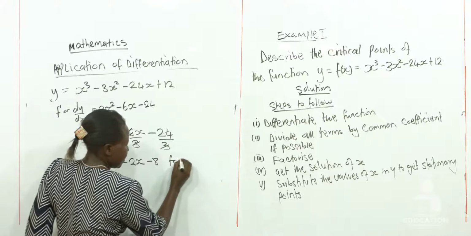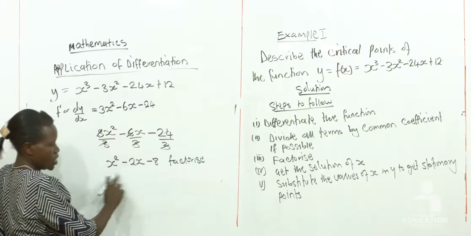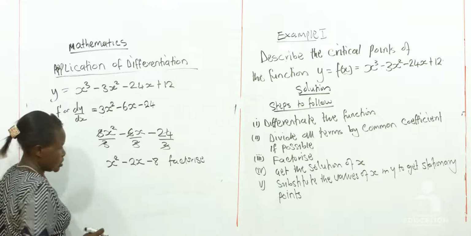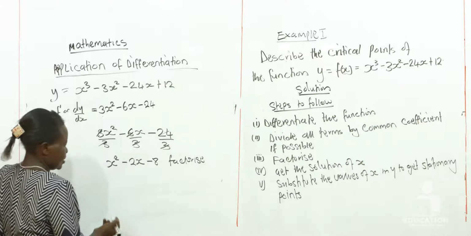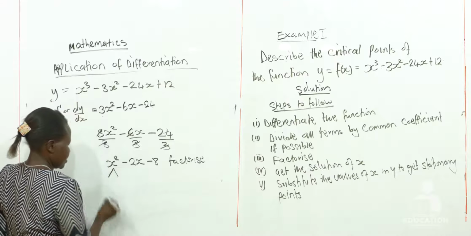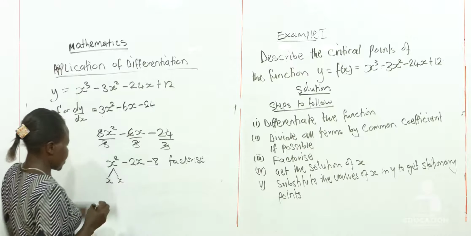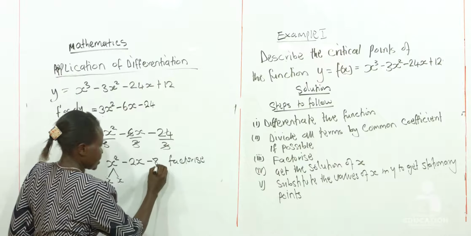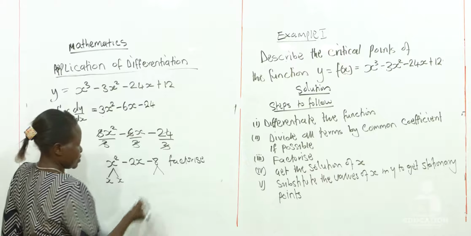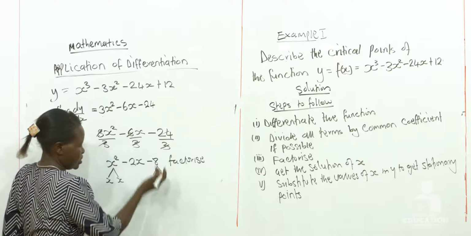In this part, we can now factorize, because it has given us a quadratic equation. When we factorize, we simply use the trial and error method, or three-factor. We break the first term and we break the third term. Which factors can we multiply to give us negative 8?